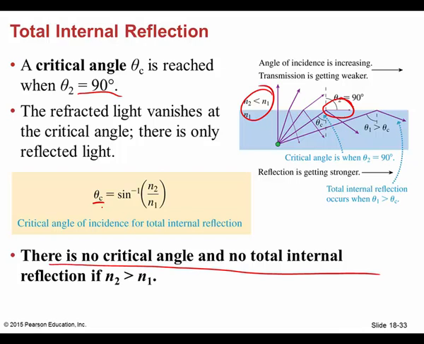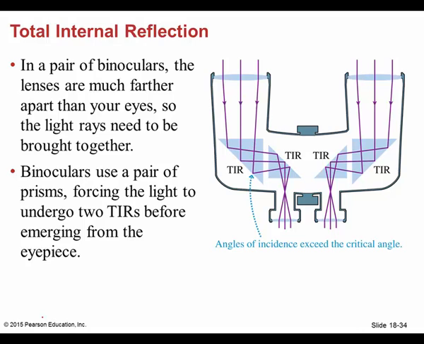Or say plastic, like fiber optic cable. And that's basically the premise on which fiber optics works, okay? So notice if N2 is greater than N1, then it will not reflect, but if N2 is less than N1, then it will totally internally reflect, okay?